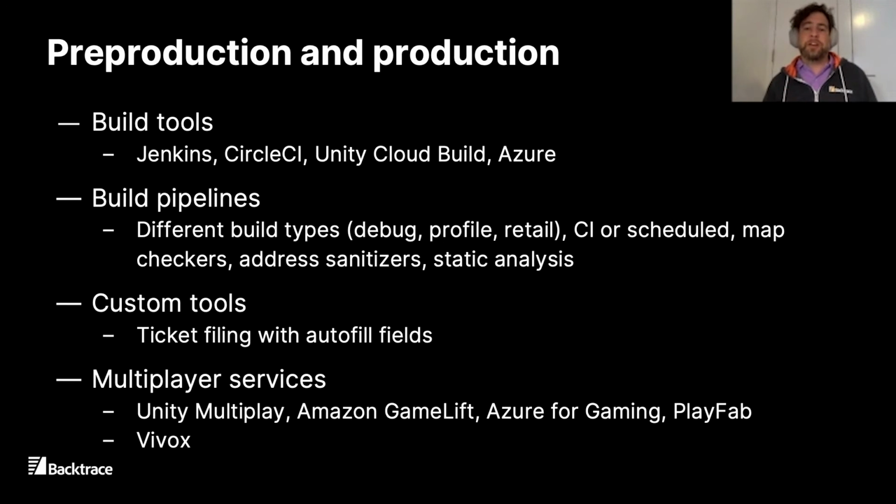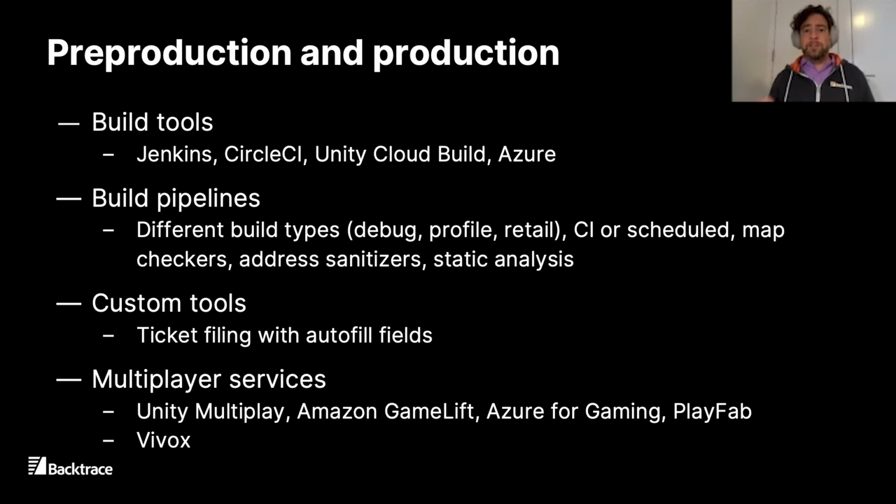And that's what some of these map checkers and address sanitizers help you do. We see a lot of people building custom tooling now. They need to file tickets very quickly with a lot of common information across them. So a lot of custom tools for scripting, for filing tickets, for auto-filling in fields, and so on.